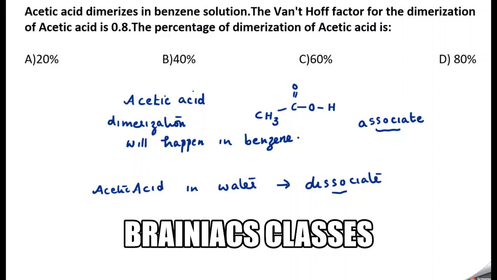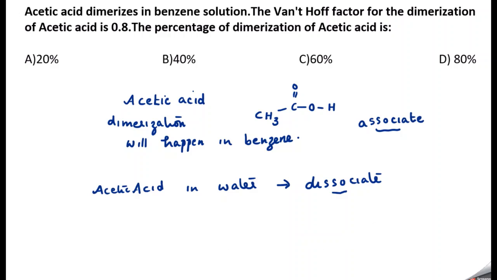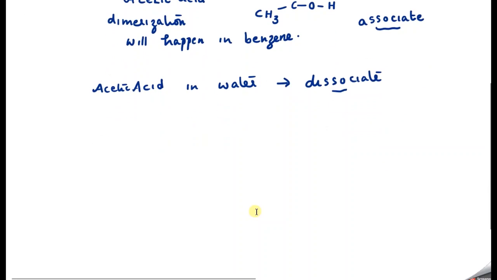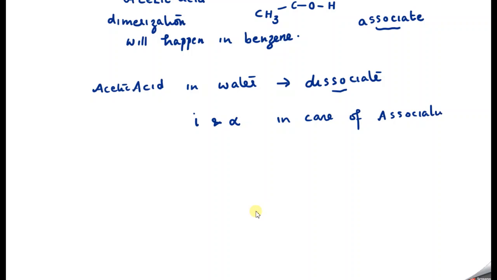Now another important thing. Now coming to here, we need to understand the relation between i and alpha in case of association. So here we know how i and alpha are related.